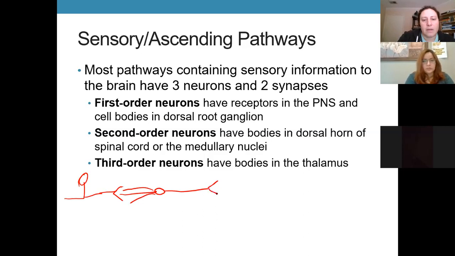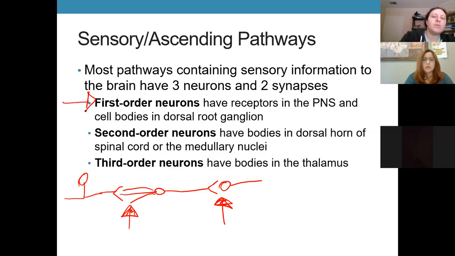Because it's always 3 neurons, we also always have 2 synapses, because the number of synapses is always 1 less than the number of neurons. So sensory pathways are 3 neurons and 2 synapses. We number the neurons based on their general location, because they're always pretty much the same.